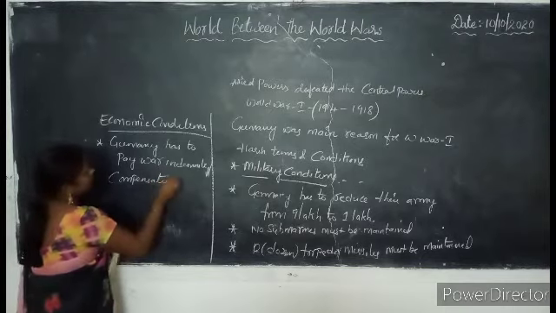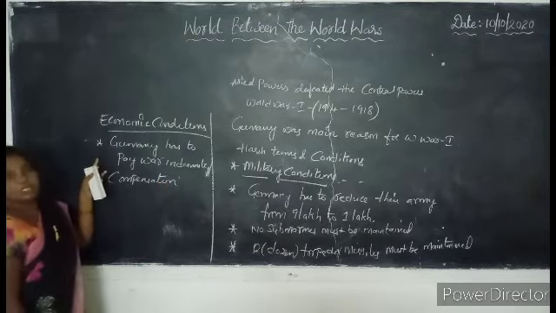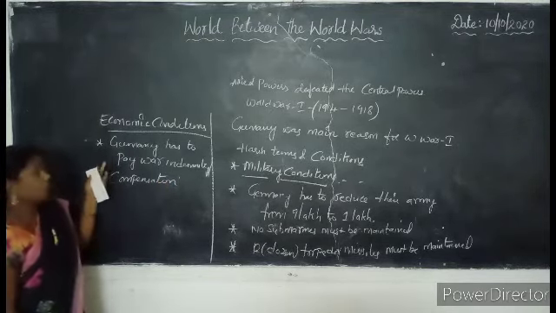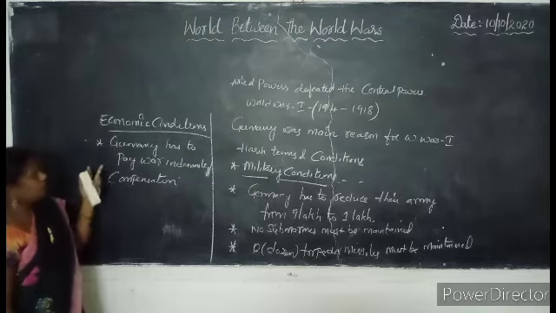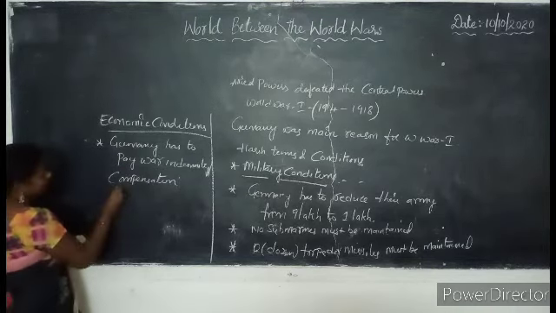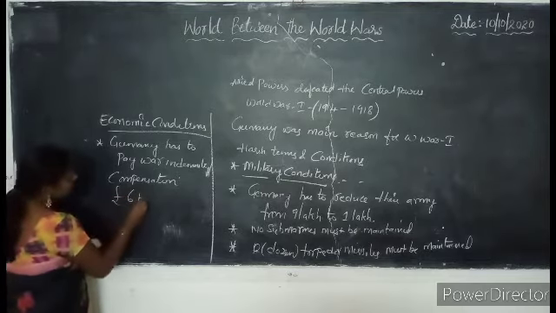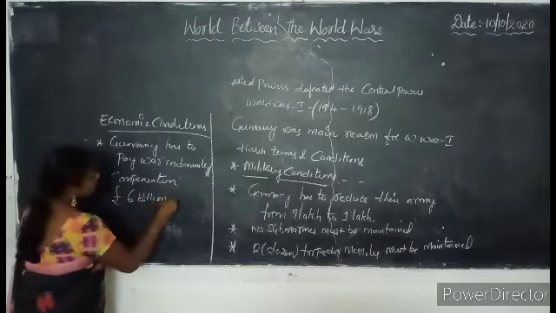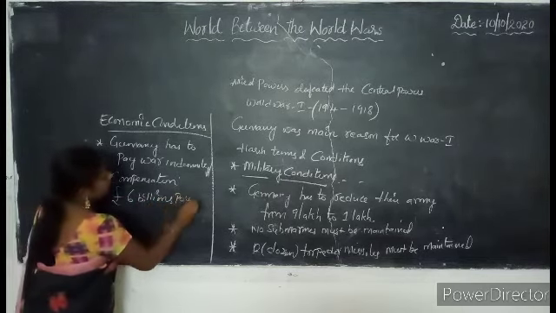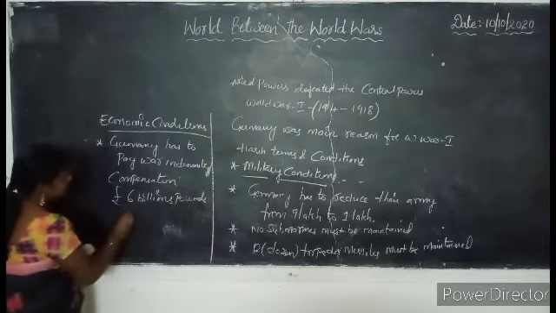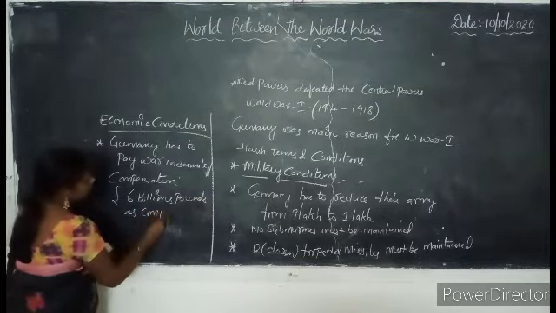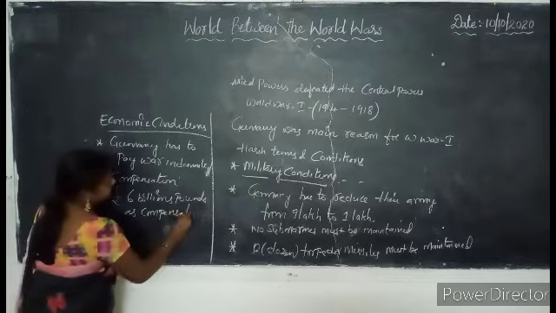They thought that Germany was the main reason for World War I, so Germany had to pay the funds back to the victorious nations. They demanded nearly 6 billion pounds as compensation or war indemnity.